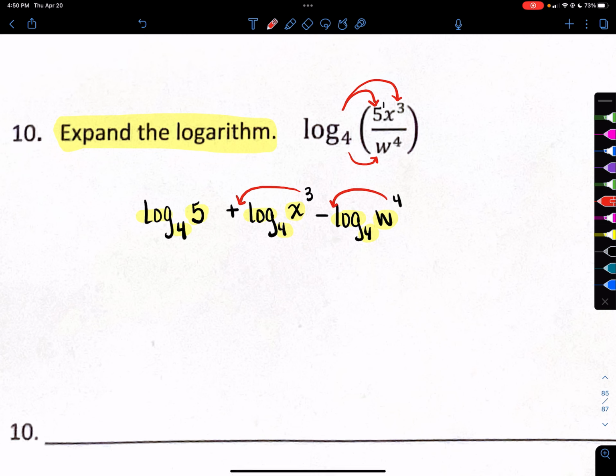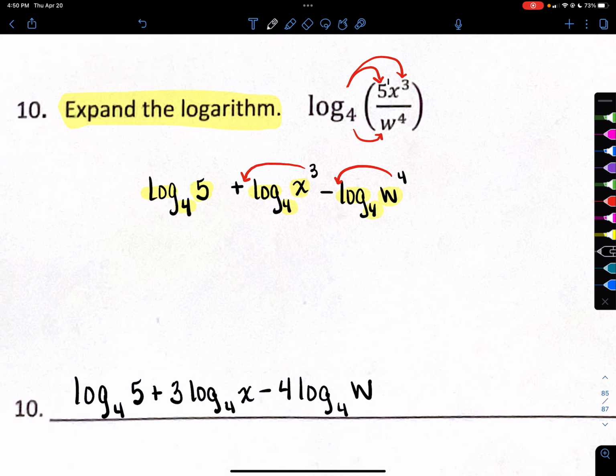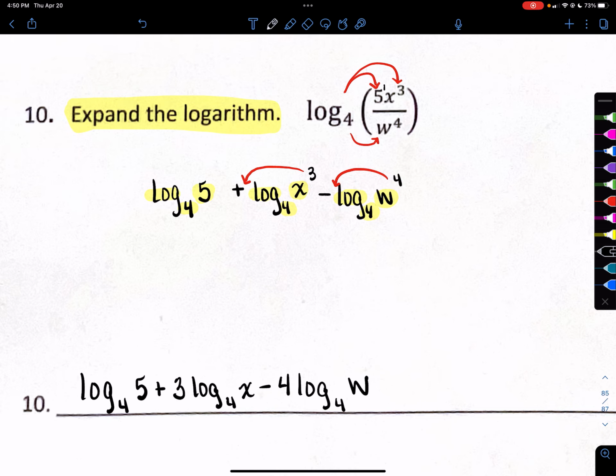So we will have log base 4 of 5 plus 3 times log base 4 of x minus 4 log base 4 of w. Okay, that's what we practice with expanding. So we're just going to go that far there.